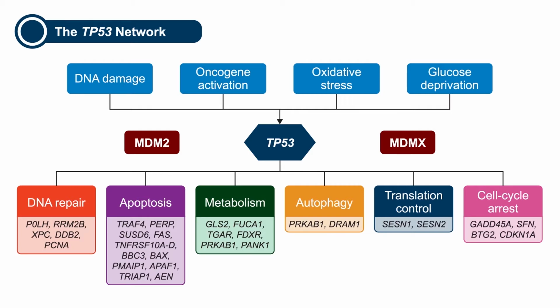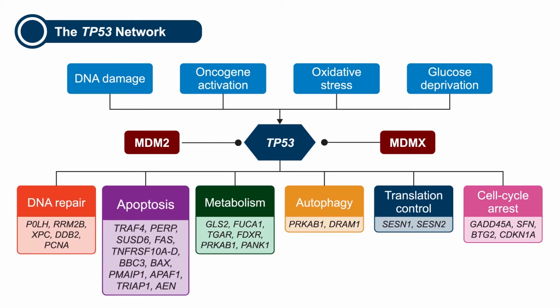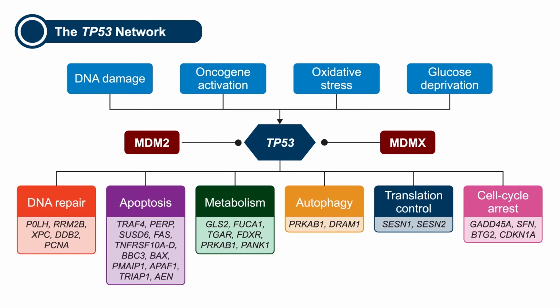It is a regulatory process that has been conserved across evolution, where P53 detects cellular stress that results from DNA damage, from activation of other oncogenes, oxidative stress, or glucose deprivation. And it directs the cells through various fates, including DNA repair, apoptosis or programmed cell death, as well as other processes such as autophagy and cell cycle arrest.